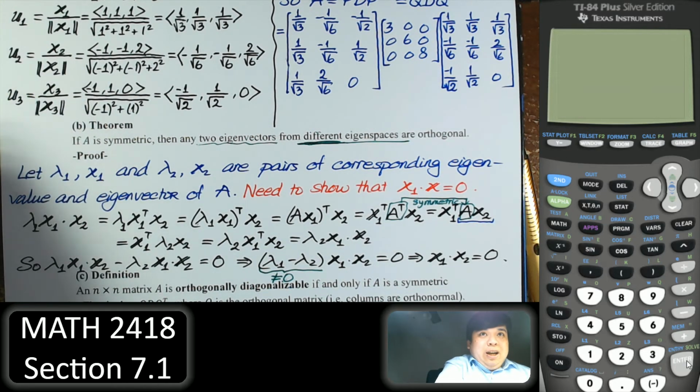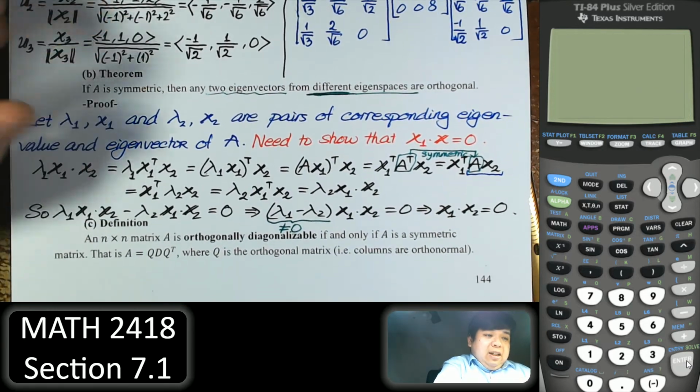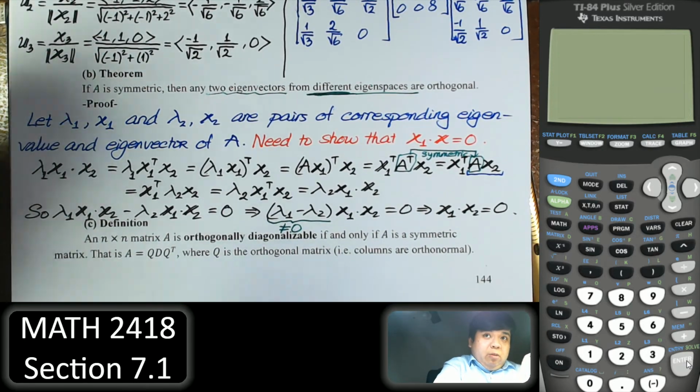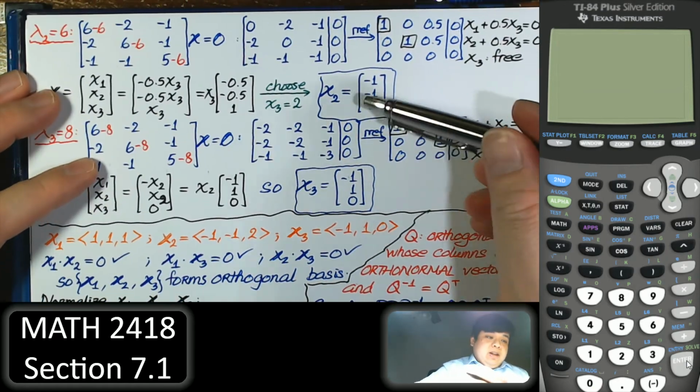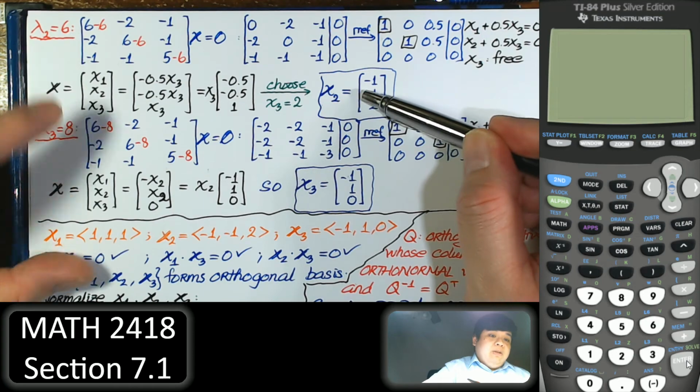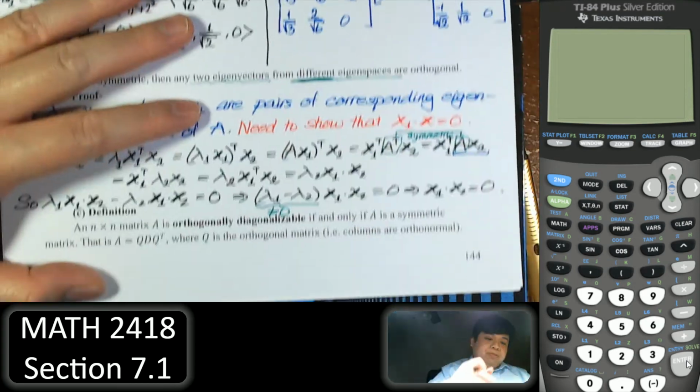So when we have the symmetric matrix, then the eigenvectors from different eigenspaces have to be orthogonal, meaning that vectors corresponding to different eigenvalues are guaranteed to be orthogonal.